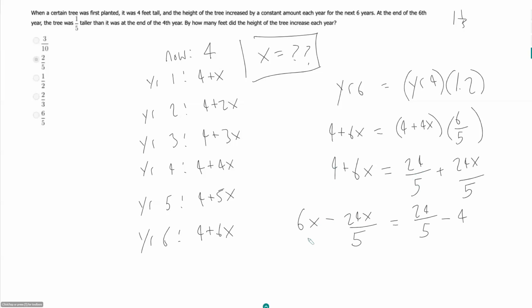A common denominator here should be 5. So I'm going to multiply this guy by 5 over 5. So we get 30x over 5 minus 24x over 5 is equal to, same thing here, common denominator of 5, so multiply this guy by 5 over 5, 24 over 5 minus 20 over 5.